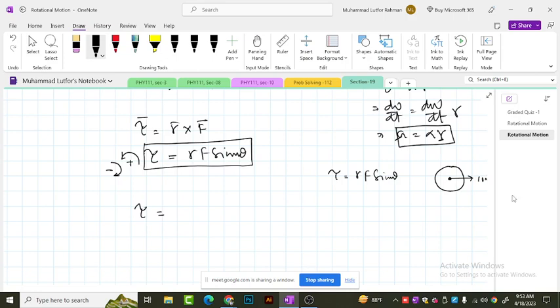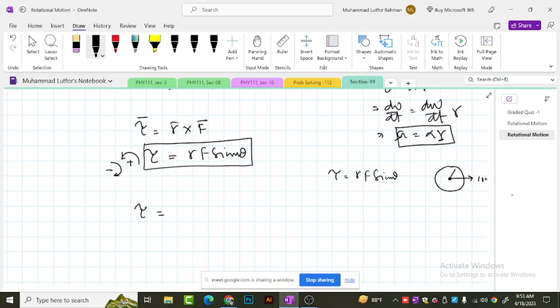What is the value of r in that case? What is the value of r right now? 0.3.